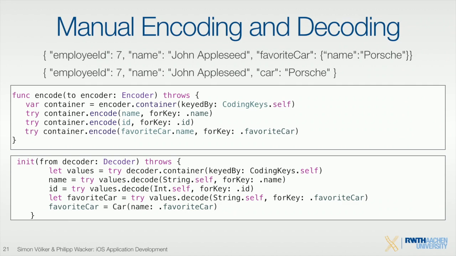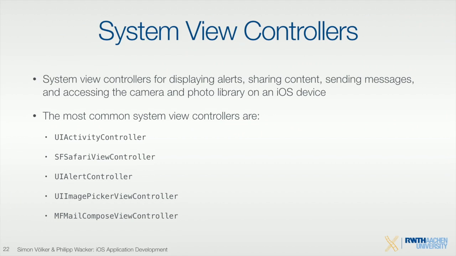So in the second part of the lecture, I want to talk a little bit about specific system view controllers that exist. These are specific functionalities that you use in a lot of apps, but you don't want to write on your own. Common system interfaces will give you access to the camera, the photo library, maps, email and a web browser.